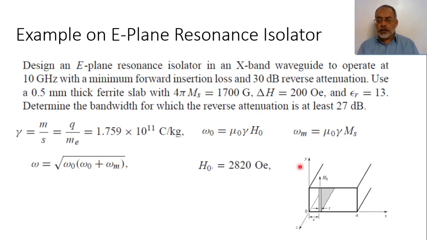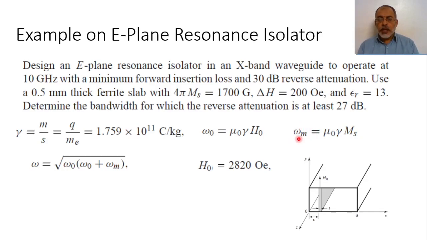H naught is the biasing DC magnetic field. And for the case of E-plane resonance isolator, the resonant frequency omega is obtained as the square root of omega naught multiplied by omega naught plus omega m. Omega m is the magnetization frequency, which is given by mu naught gamma multiplied by Ms. We already have Ms, so we can obtain omega m.